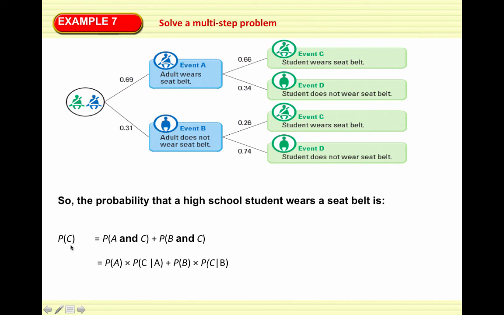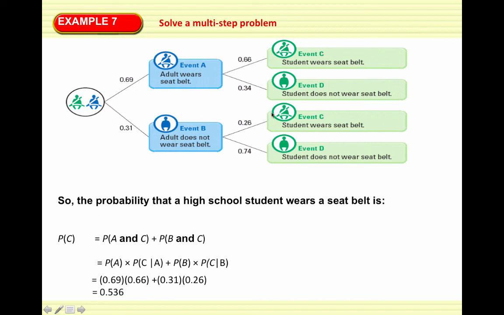So our probability of event C occurring, the student is wearing a seatbelt, is going to be the probability of A and C plus the probability of B and C. The probability of A and C is going to be the probability of A times the probability of C given A. So that's going to be our 0.69 times 0.66, and then we're going to add to that the probability that the adult does not wear a belt times the probability that the student does wear a seat belt given that the adult does not.